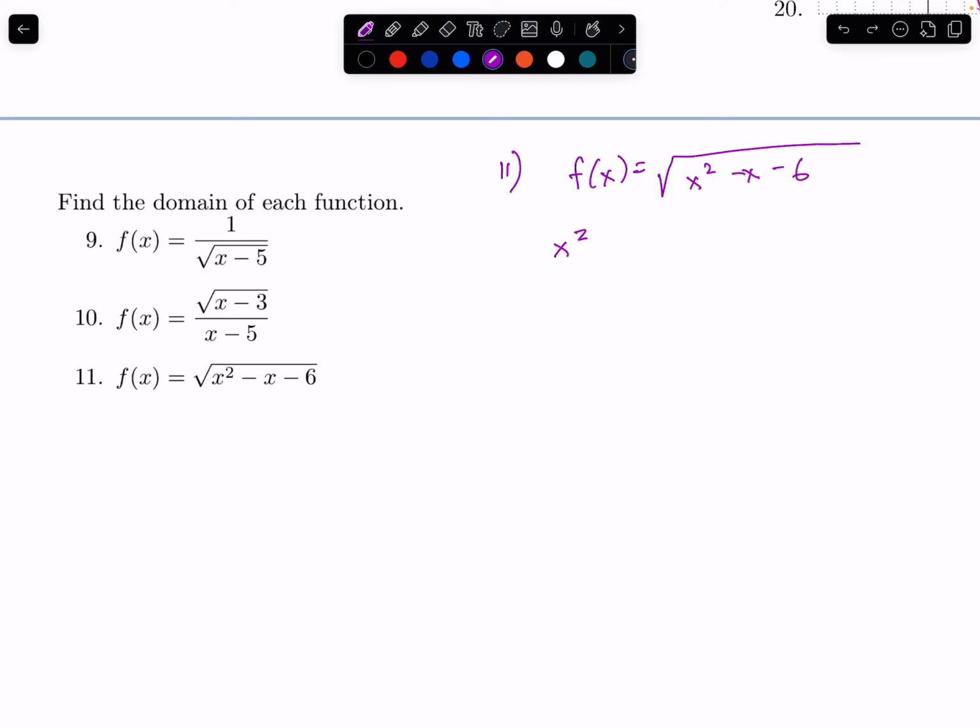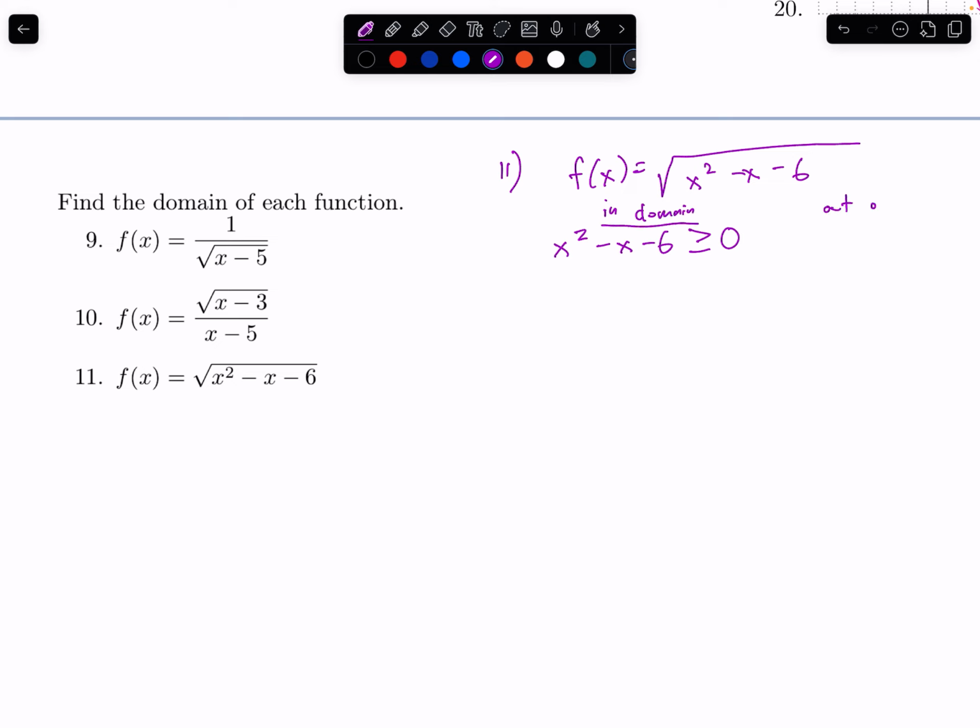And earlier I was kind of hesitating which one to do. That's because you can think of this in two ways. Up until now, I've been looking at what is not in the domain. If you want to, you can solve in the positive direction instead and say what is in the domain. What is in the domain is anything as long as this inside portion is bigger than or equal to 0.